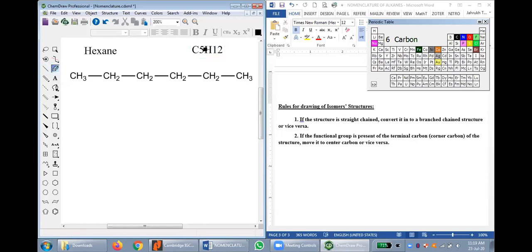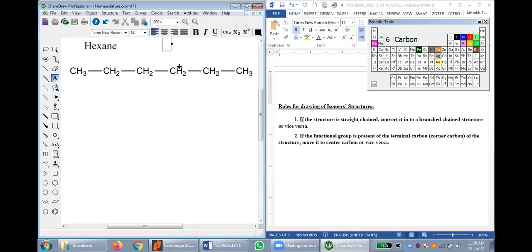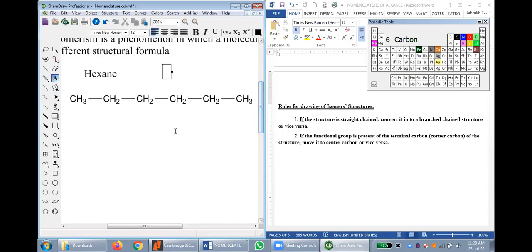It's C6H14, hexane। Okay? That was the first question. Hexane C6H14 with the following structure, you're supposed to draw 3 isomers। This is the first one.